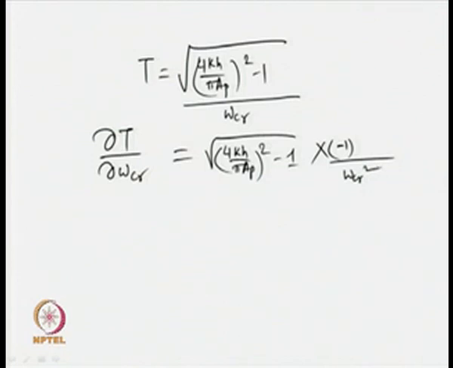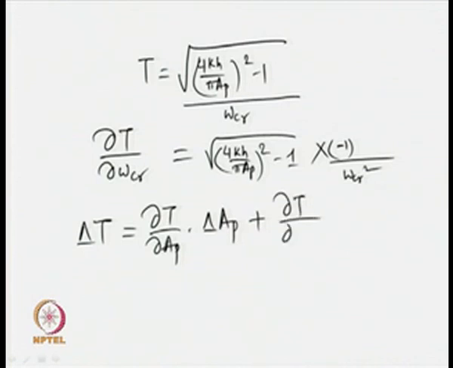Okay. So, I will get the final expression for delta t now. So, delta t is given by del t upon del A p times delta A p plus del t upon del omega c r times delta omega c r.